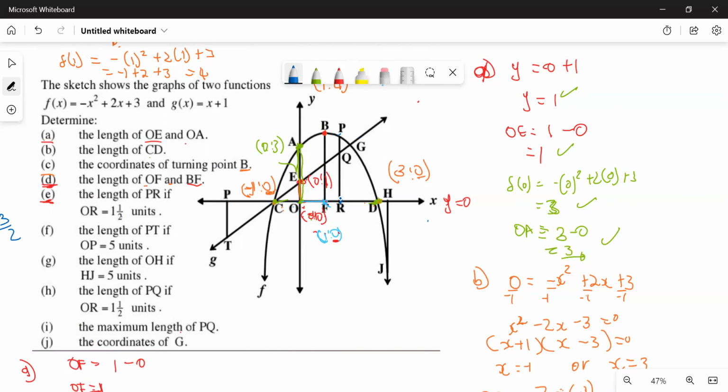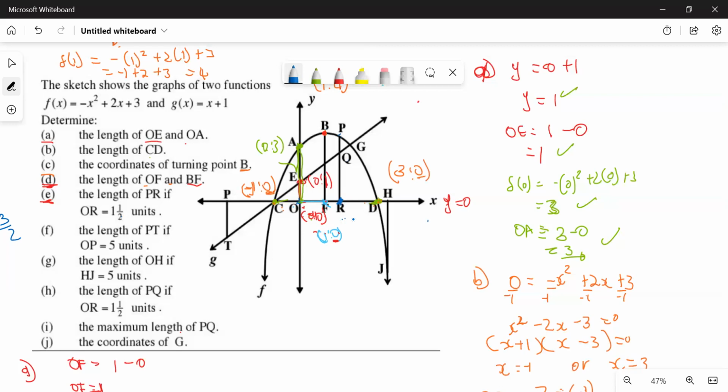We are told OR is equal to 1.5. So we want PR. Are we good? From O to R, which one is going to be our X value here?